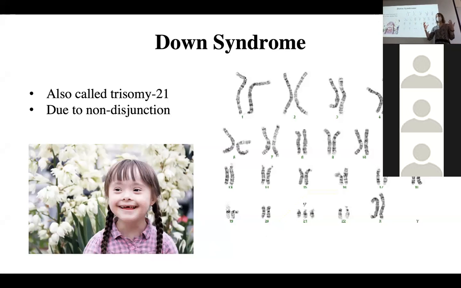Non-disjunction occurs, so there's 3 chromosomes instead of just 2. So you get 2 from one parent, 1 from another parent. And that's what causes Down syndrome, which I think most people are generally pretty familiar with.